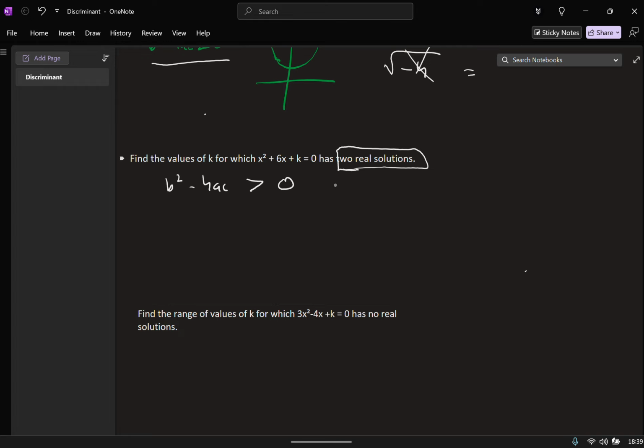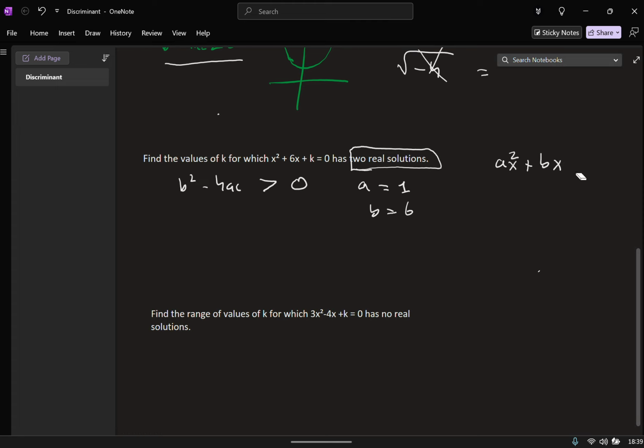Now what is our b? First, a is 1, because when it's x squared, the coefficient of x squared is 1, and you don't need to write that down. Let's write down ax squared plus bx plus c. So you can tell, in that formula, a is 1, b is 6 from 6x, and c is k.